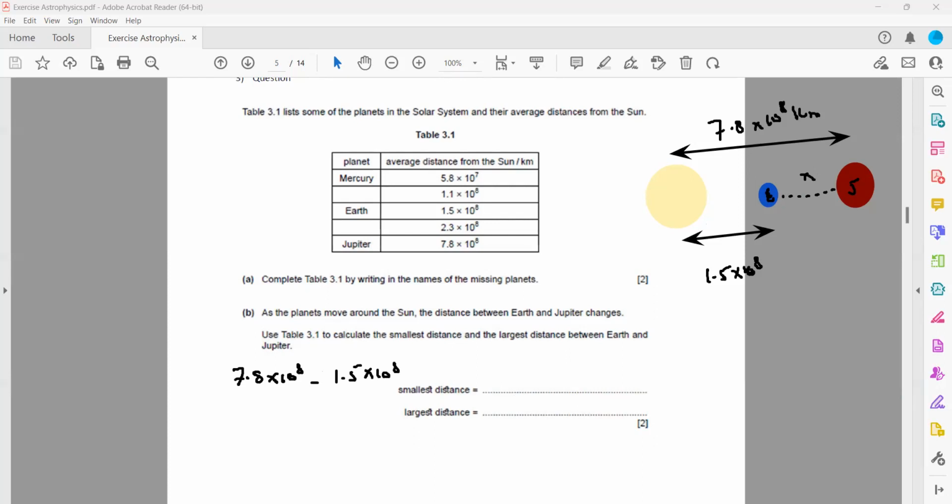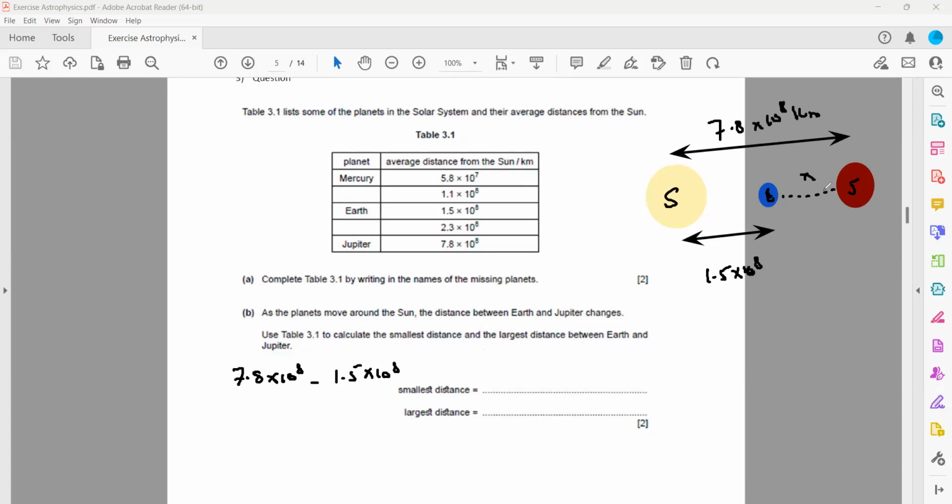No, we are not considering the diameter of the sun, because all the distances are given from the center. It's not from the surface. So we don't have to consider the diameter of the sun here, as it's not given at all in the question. We just subtract.